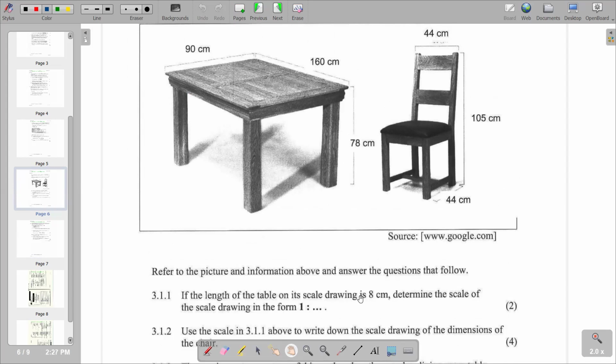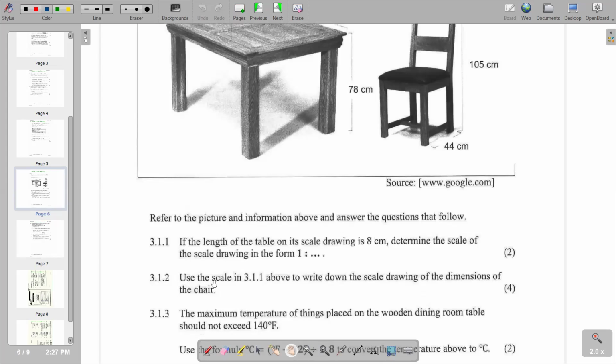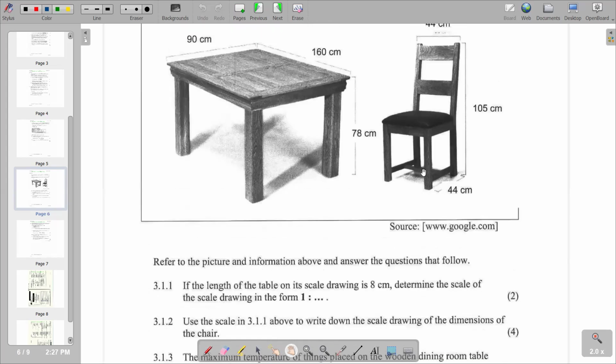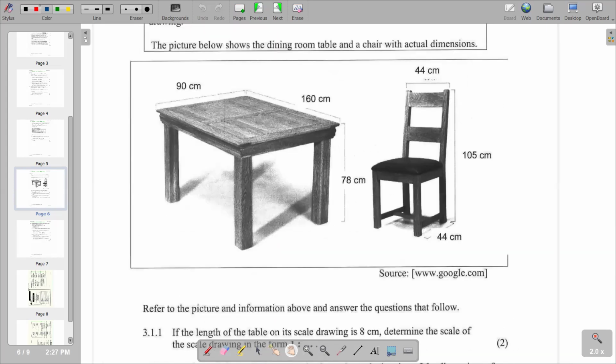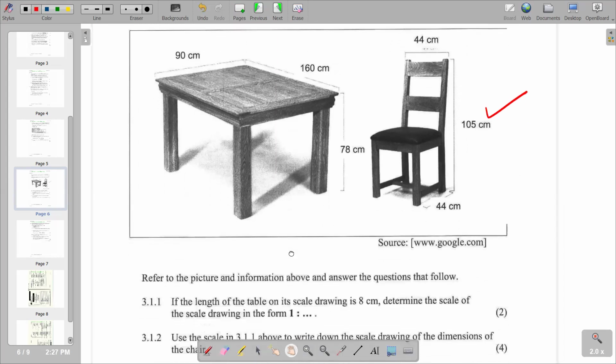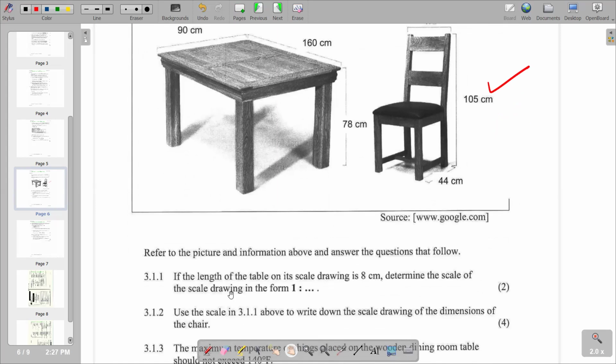As we are having 78 centimeters as our height, we can refer back to the question saying use the scale in 3.1.1 above to write down the scale drawing of the dimensions of the chair. Okay, we are now using the dimensions of the chair. So that's how we are going to present it. So we are using the scale that we have on 3.1.1, which is 1:20.